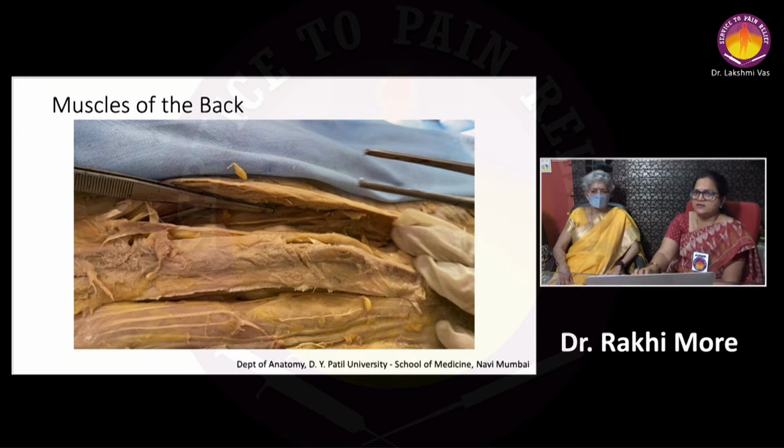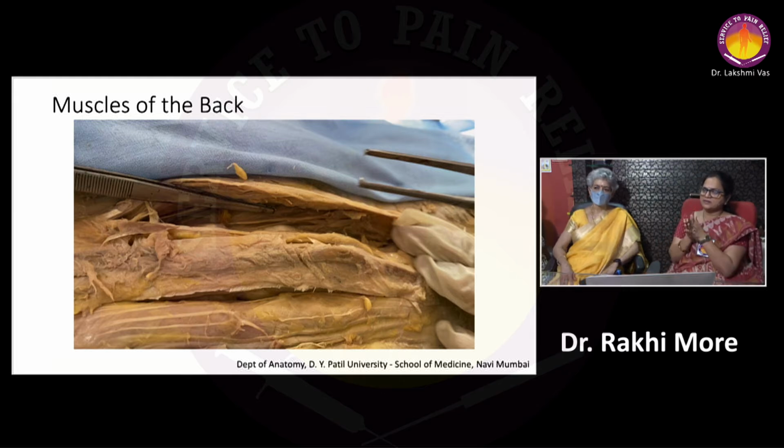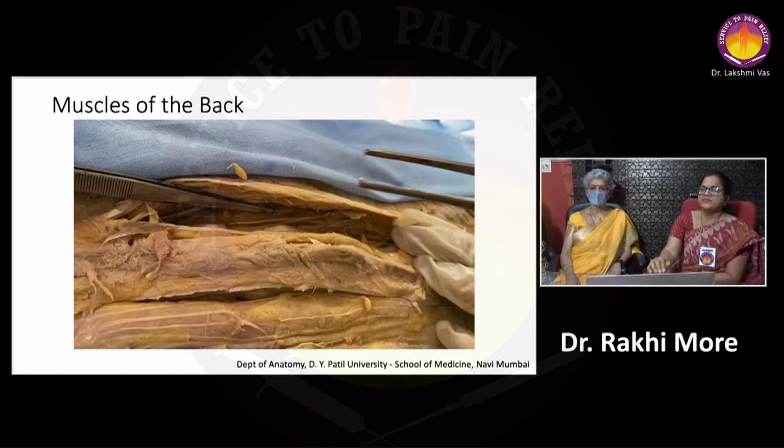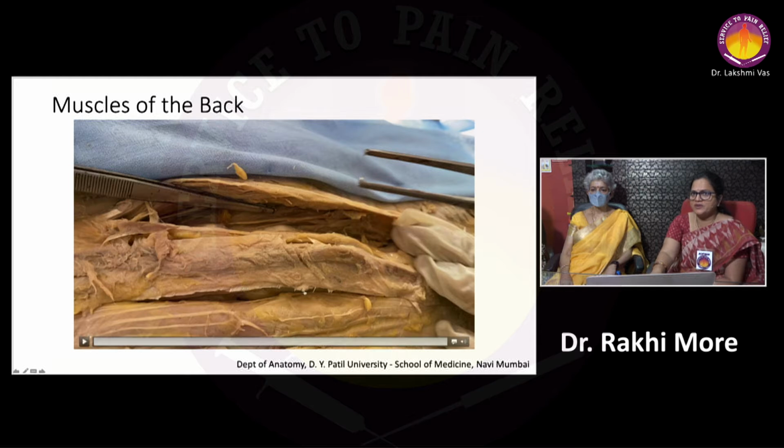So in this dissection, as I have already said, it is very difficult to demonstrate the layers, the multifidus and the rotators. So what we are seeing over here on the medial aspect, we can see the spine. So this will be the spine, and on the lateral aspect is the transverse process.